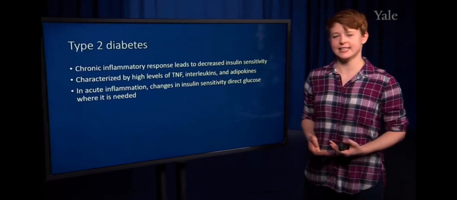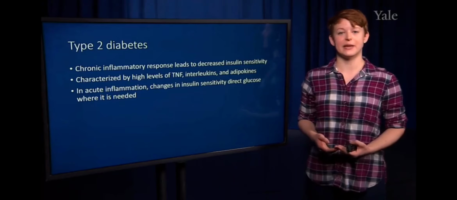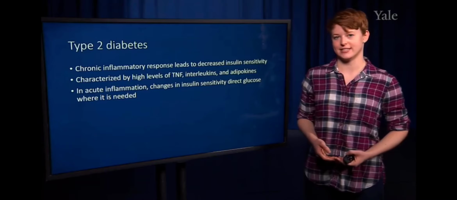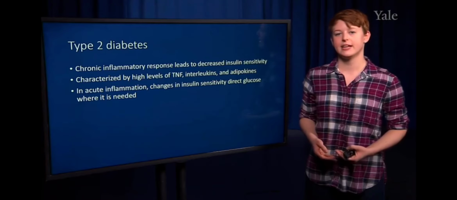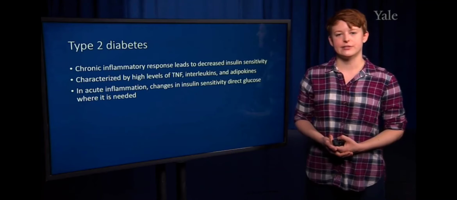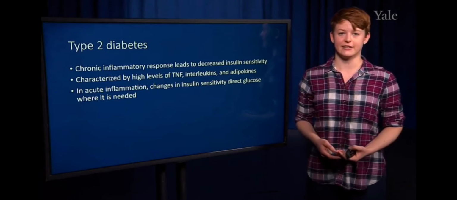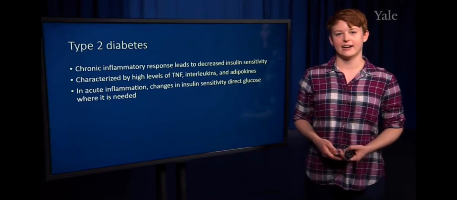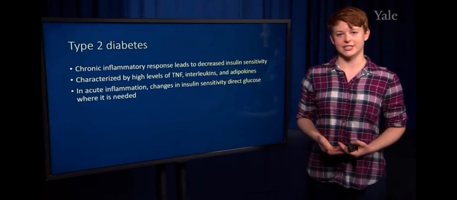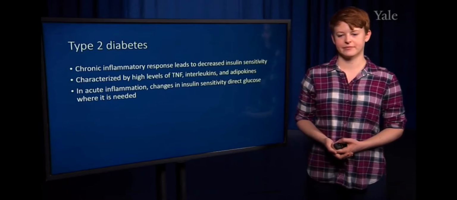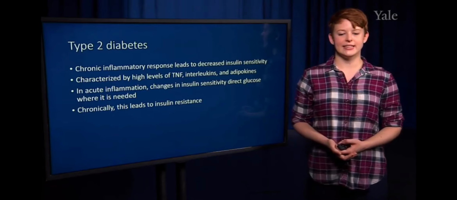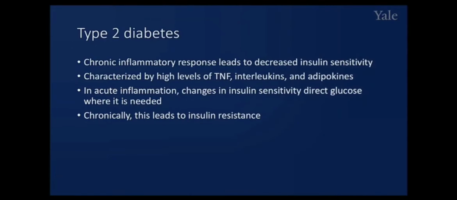So the reason that you might want this beneficial altering of insulin sensitivity in the short term is to help direct glucose perhaps to areas of an infection, so the immune cells there have enough glucose and energy to fight off that infection. However, when this is chronic, it leads to insulin resistance. So we have that set point of blood glucose.